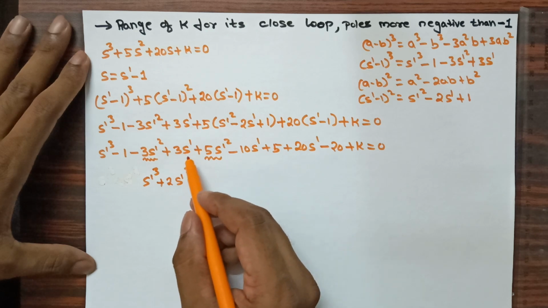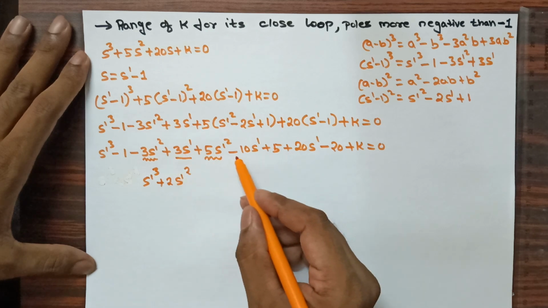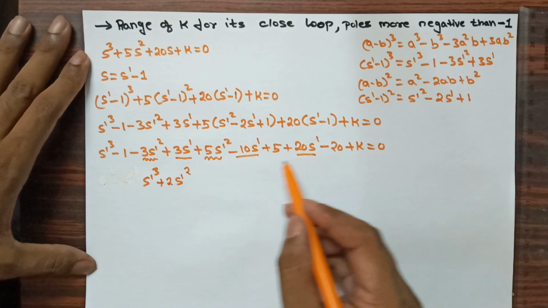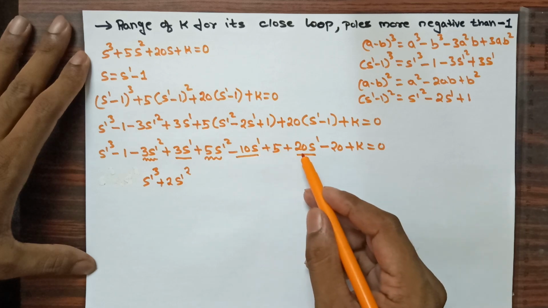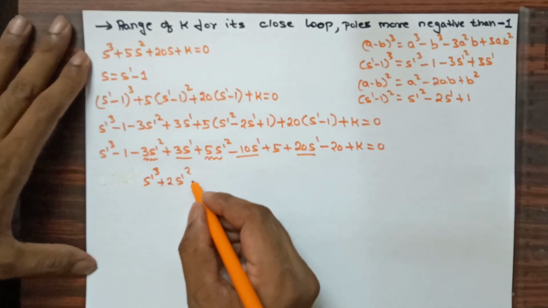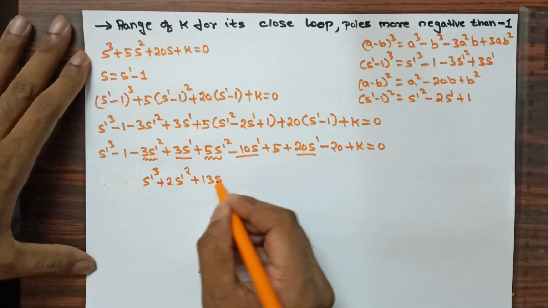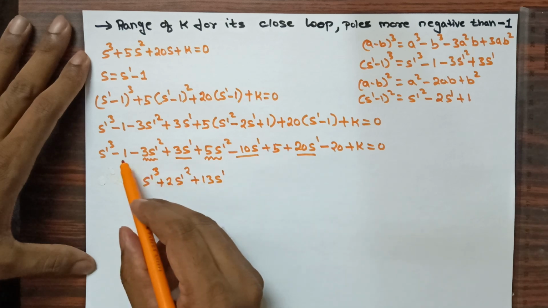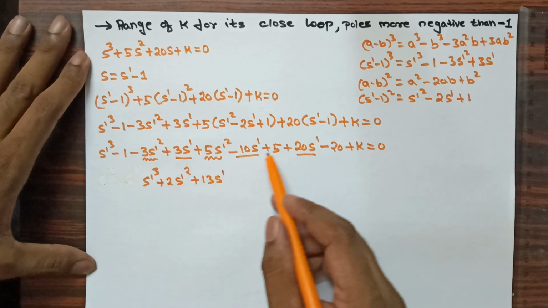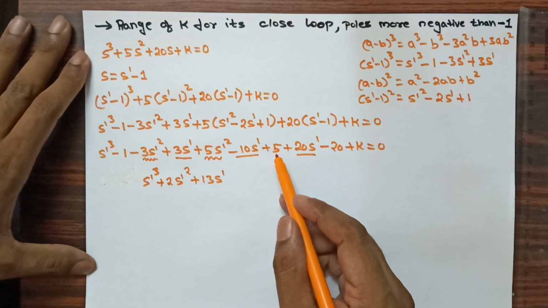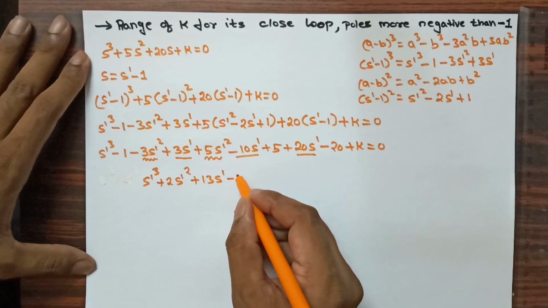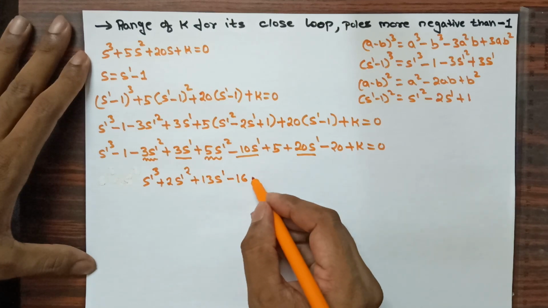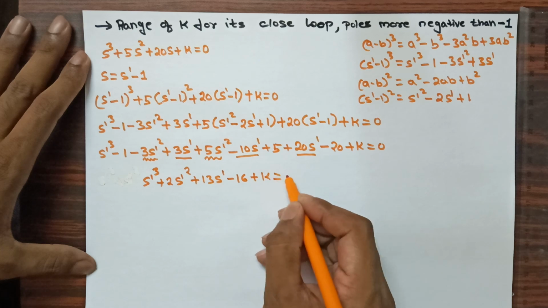Then next in terms of s dash, plus 3 s dash minus 10 s dash I am getting minus 7 s dash, plus 20 s dash I will get plus 13 s dash. Now next in terms of constant, minus 1 plus 5, that is 4, 4 minus 20 I am getting minus 16, then this k as it is, plus k is equivalent to 0.